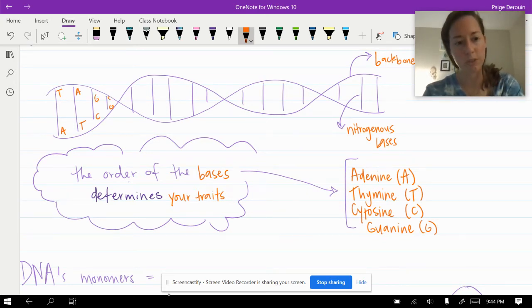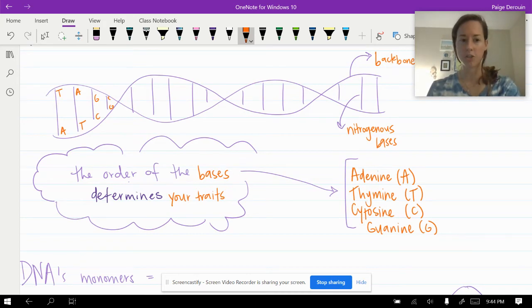But if this A, T, C, G was A, T, T, T, that person would have a different trait than the person who had A, T, C, which is amazing, that those tiny little changes actually make up you and make you look the way that you look, and in a lot of ways be the way that you are.